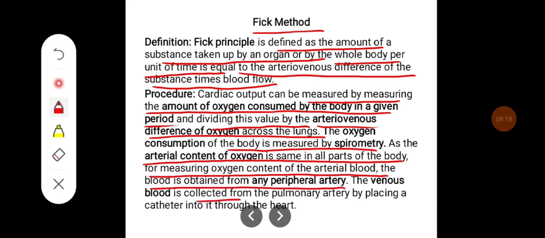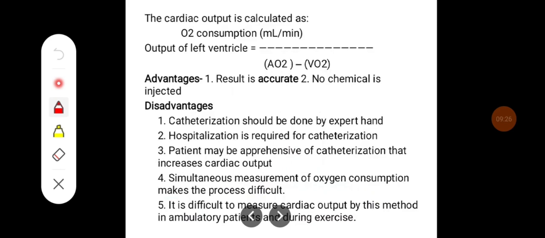The venous blood is collected from the pulmonary artery by placing a catheter into it through the heart. Then cardiac output can be calculated as: the cardiac output from the left ventricle is equal to oxygen consumption in ml per minute divided by the arteriovenous difference of oxygen.